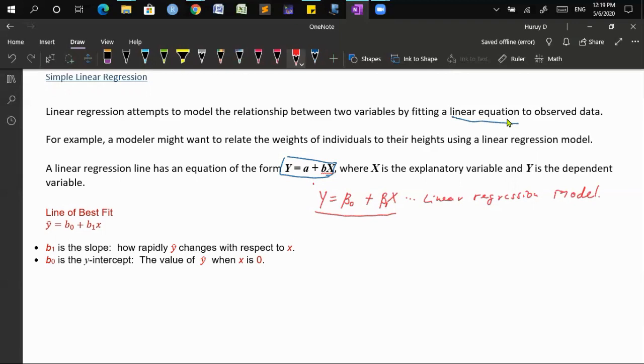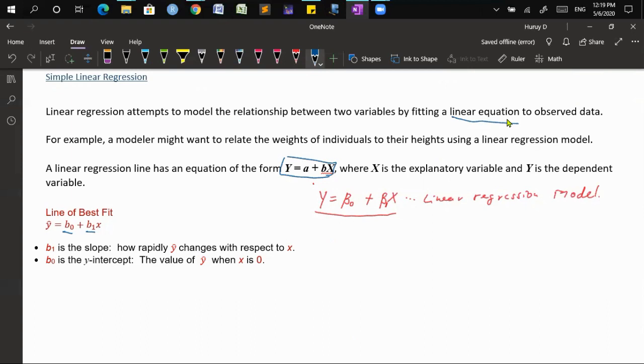Now, in order to estimate this model, I need to estimate these two values, beta naught and beta 1. Once we estimate those values, the estimates are denoted b sub naught and b sub 1.